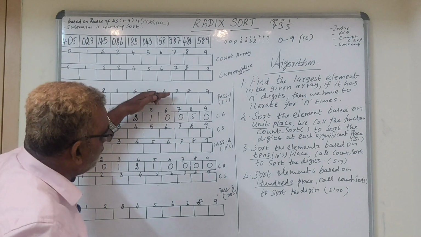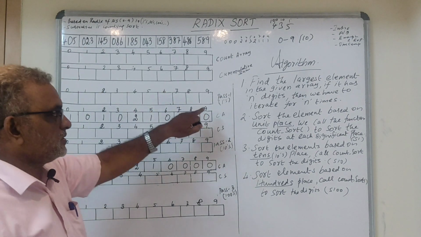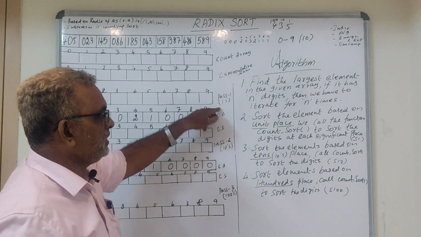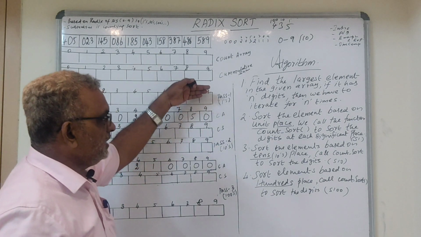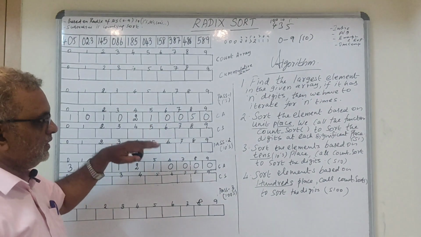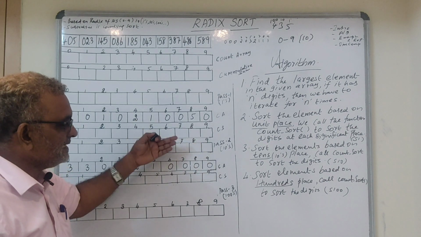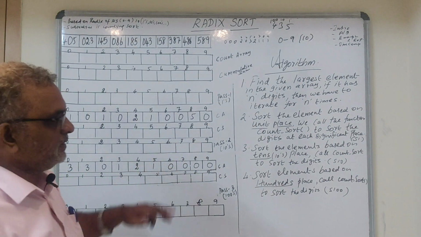This output is used as the input for the next pass. The output of pass 1 is the input for pass 2, and the output of pass 2 is the input for pass 3.